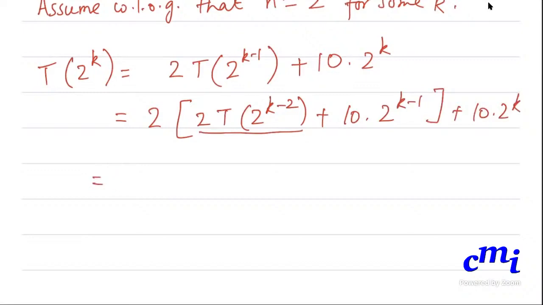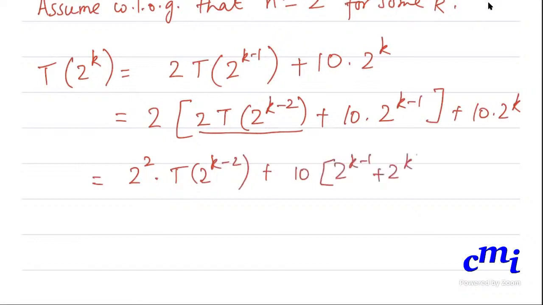Firstly, let me write it as 2 squared T(2^(k-2)) plus 10 into 2^k plus 10 into 2^k. Actually it is 2 into 10 into 2^(k-1), right? So it is 2^k plus 2^k. Because 2 into 2^(k-1) is 2^k, 10 into 2^k plus 10 into 2^k.